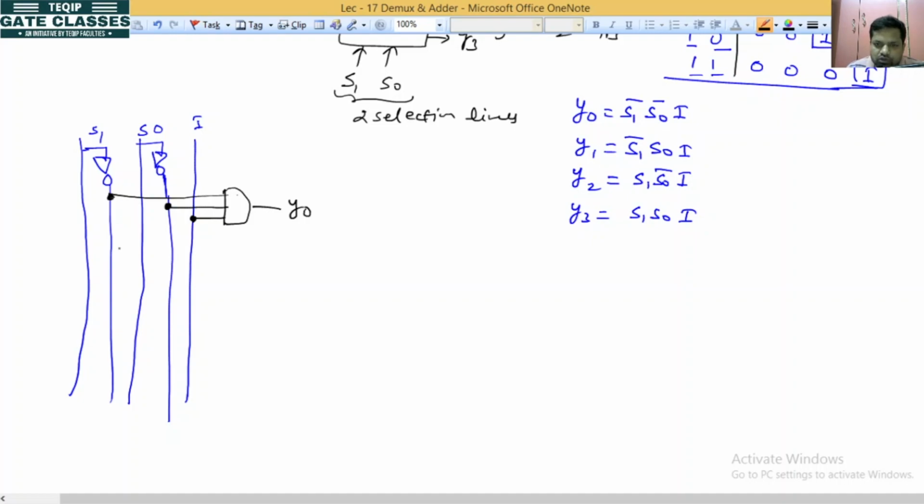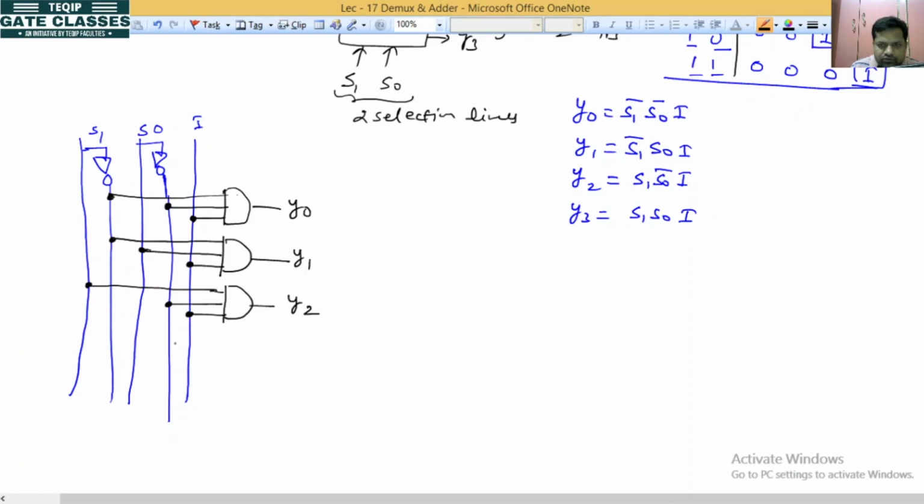Then Y1 is S1 bar S0 I. S1 bar from here, S0 from here, I from here. So it is Y1. Now next is Y2: S1 you can get from here, S0 bar from here, and this is I. You will get Y2 from here.